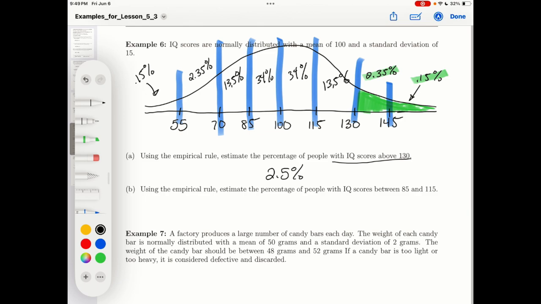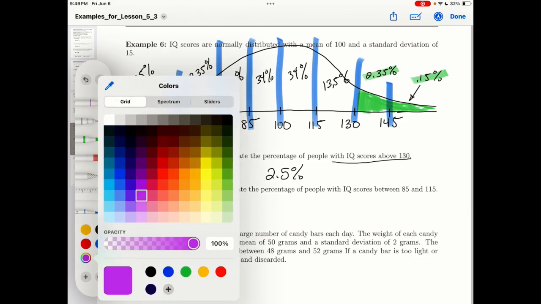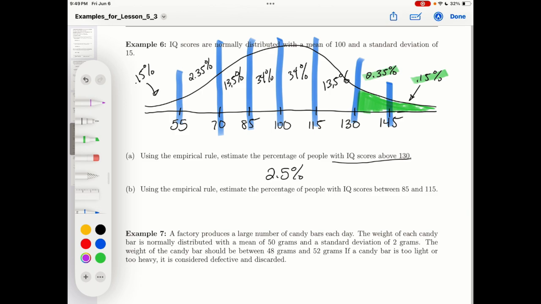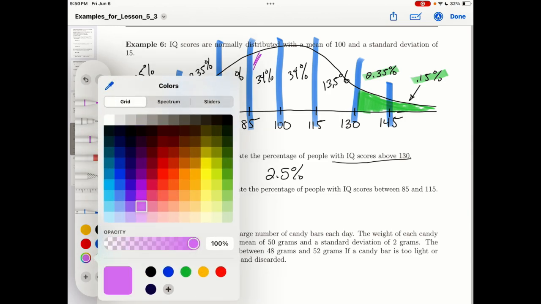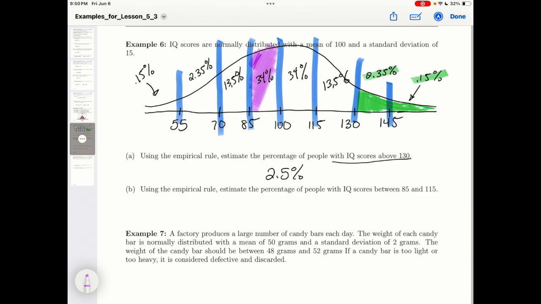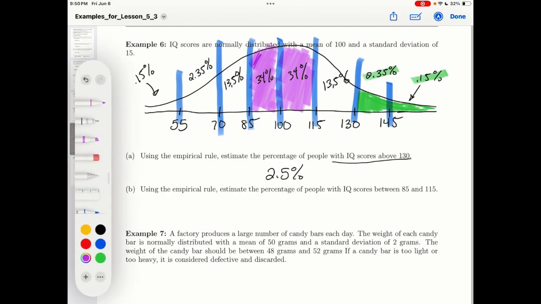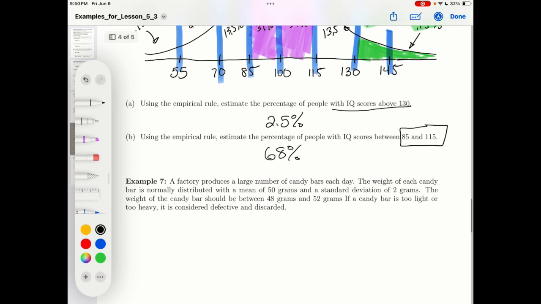Now, for part B, it says, using the empirical rule, estimate the percentage of people with IQ scores between 85 and 115. So let's use a different color. Between 85 and 115, that's here and here. So that's 34 and 34. So that gives us an approximate percentage of 68% of people that have IQ scores between 85 and 115.